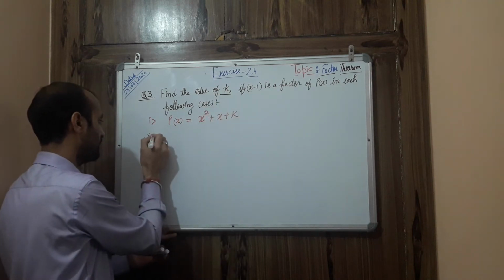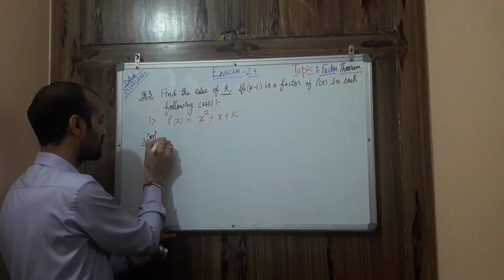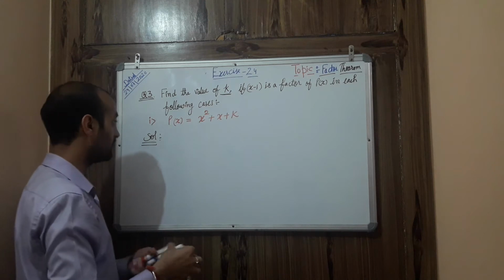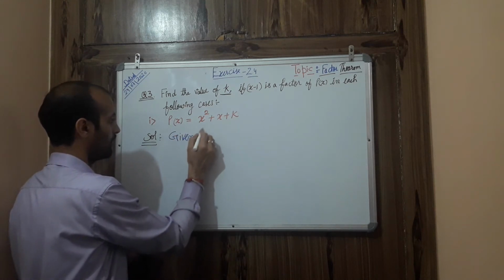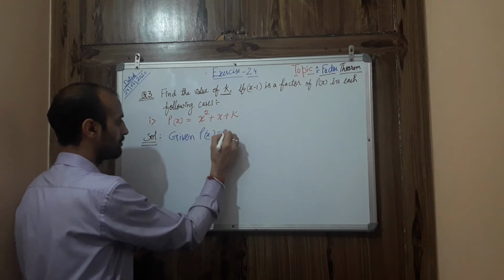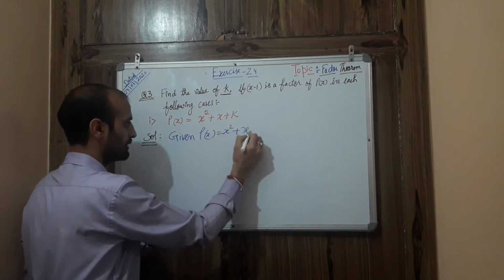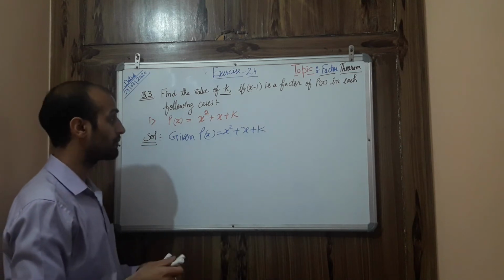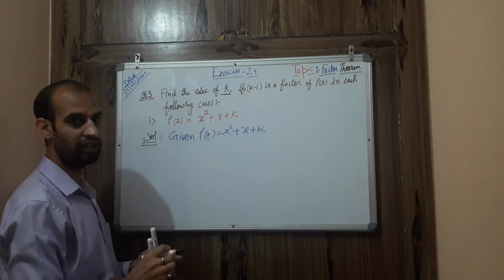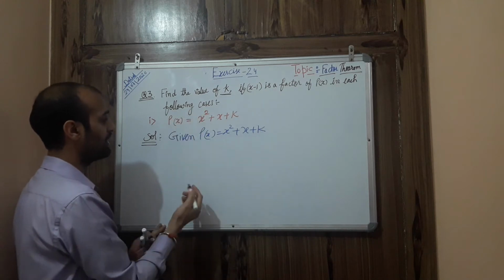In the solution, our first task is to write what is given to us: p(x) is equal to x square plus x plus k. Second thing I need to write is the value of g(x).